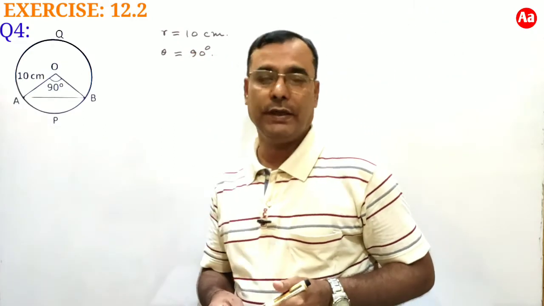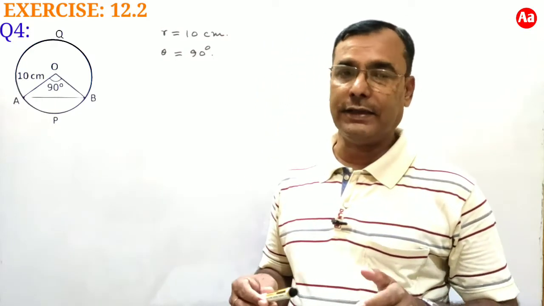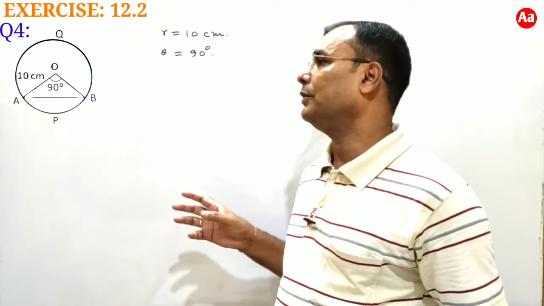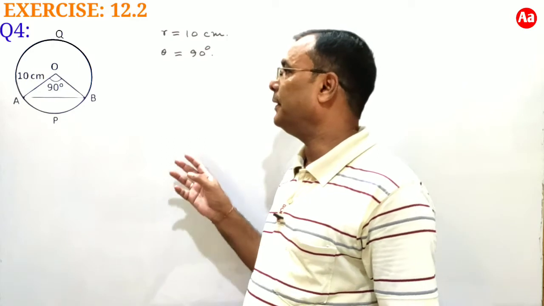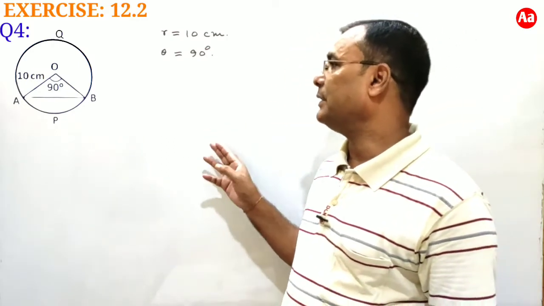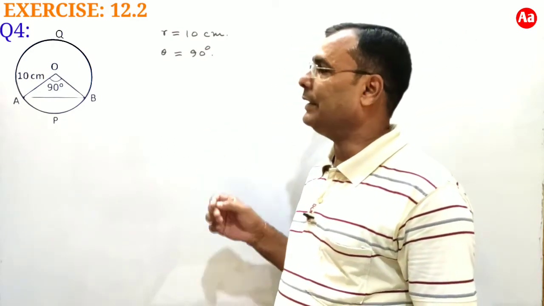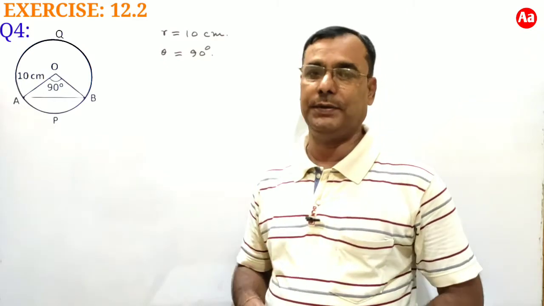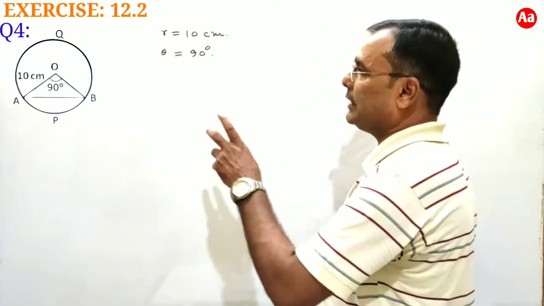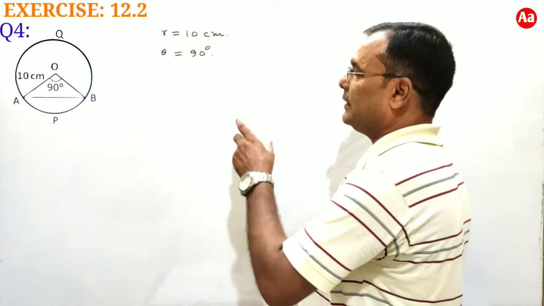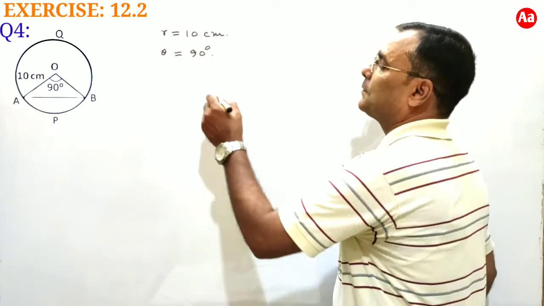To calculate the area of the minor segment, we need to determine the area of sector OAPB and the area of triangle OAB. So first let's calculate the area of sector OAPB.